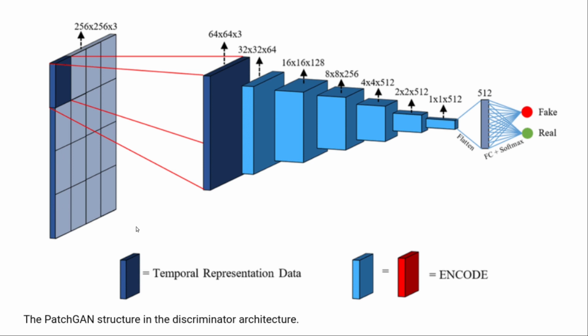What that means is that the PatchGAN architecture outputs a feature map of roughly 30 by 30 points, and each of those 30 by 30 points on the feature map can see a patch of 70 by 70 pixels on the input space. This 70 by 70 pixel area on the input space is called the receptive field size.